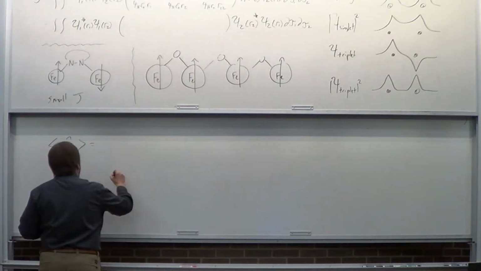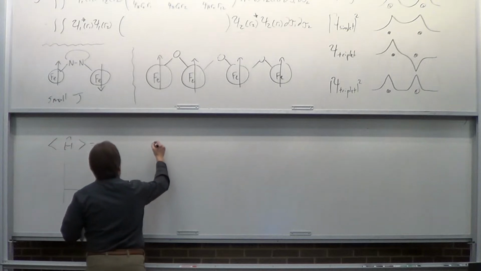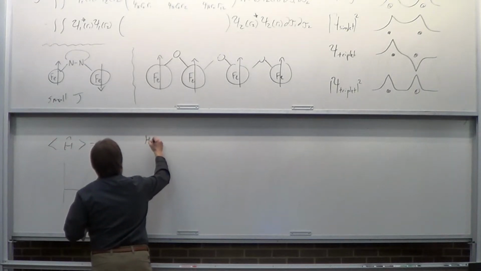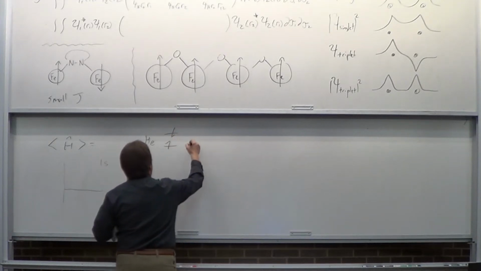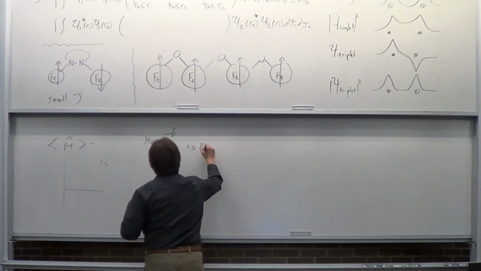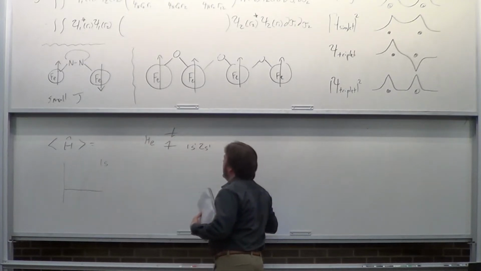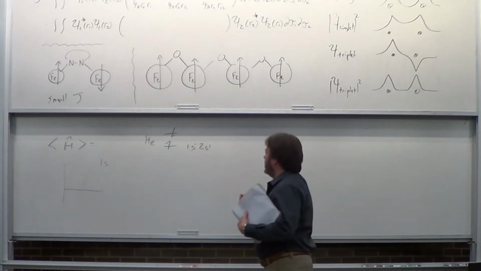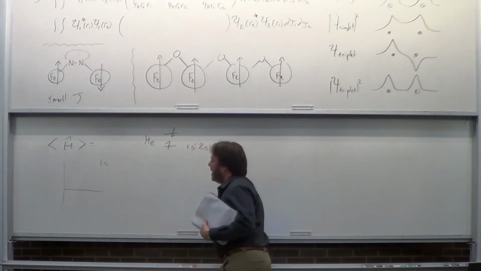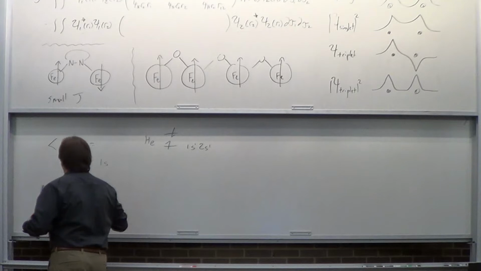Let's say we're describing helium in this state. Let's make it a singlet, 1s, 2s. Let's make it helium in the excited state. It's a singlet, but I've got a 1s and a 2s. Now I'm trying to come up with a wave function.